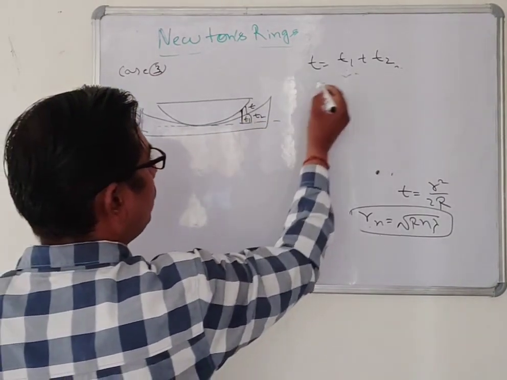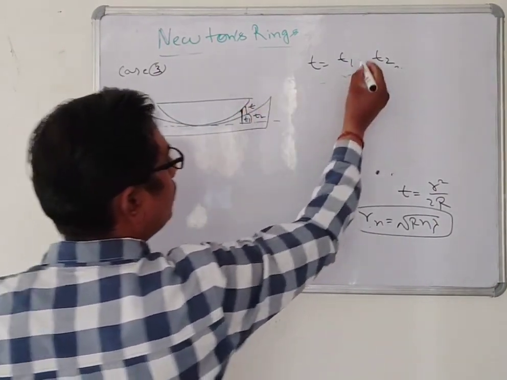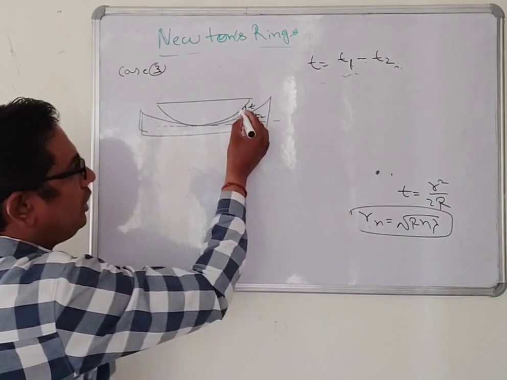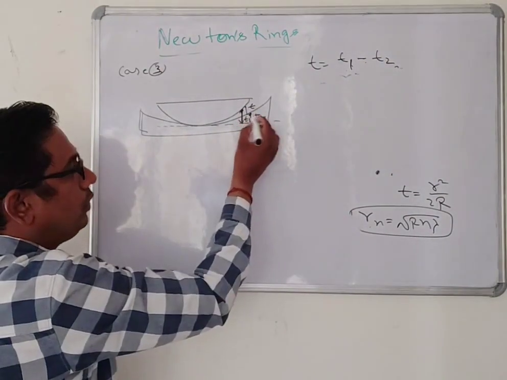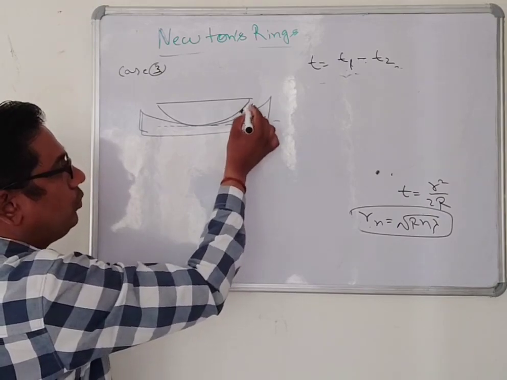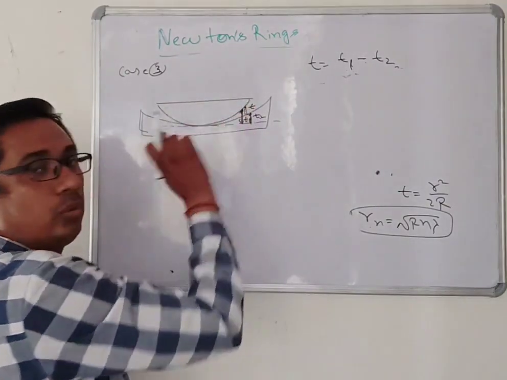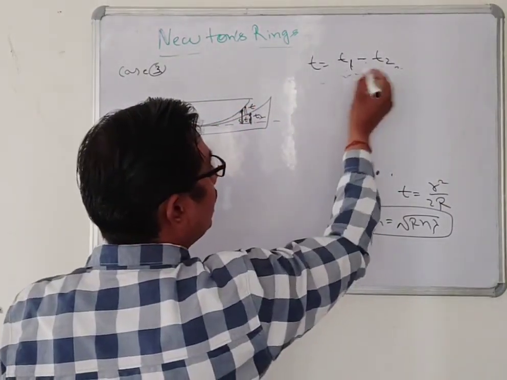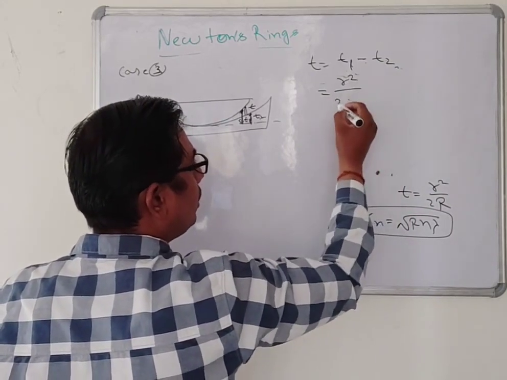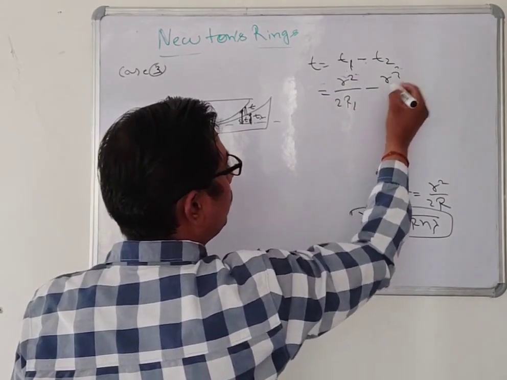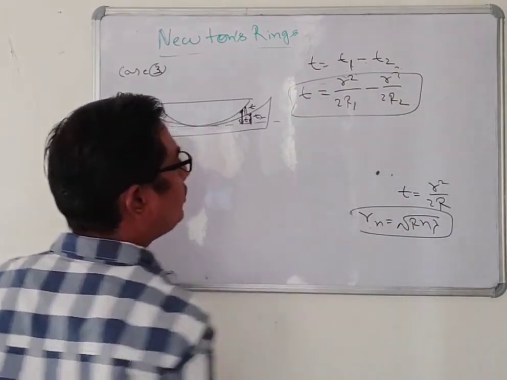The difference T1 minus T2 gives the thickness of the air film between the two curved surfaces. So T1 minus T2 is R square upon 2R1 minus R square upon 2R2.